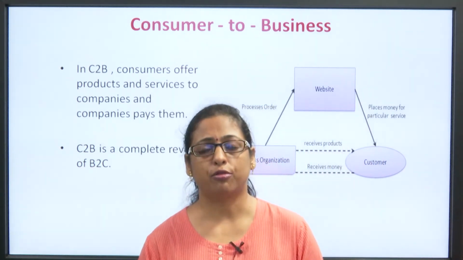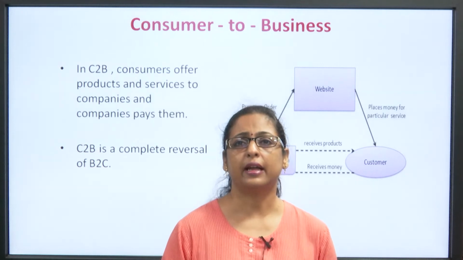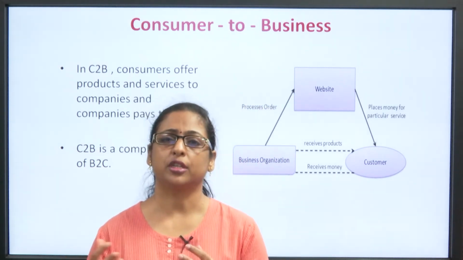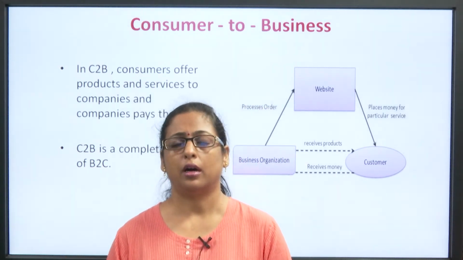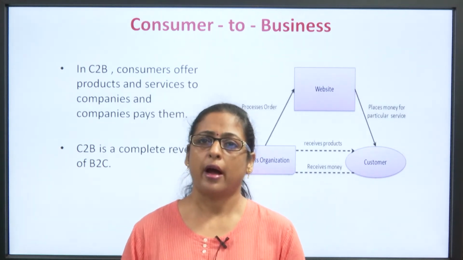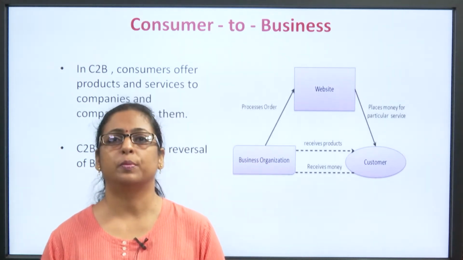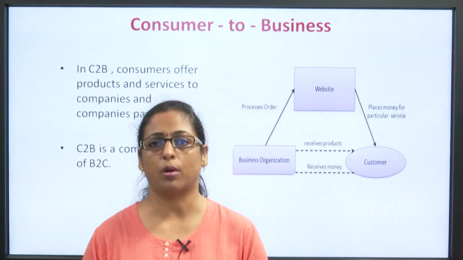It could be in the form of anything like, for example, recycling. I have used the product, now I want it to be recycled, and the company feels that yes, I can collect that material, and that will help as a raw material to me.